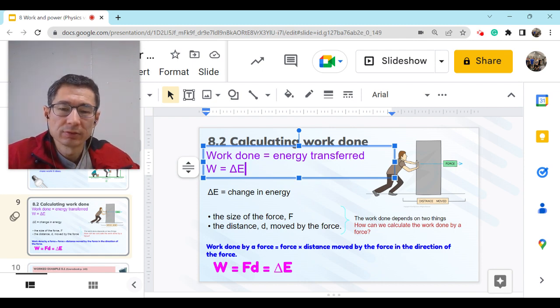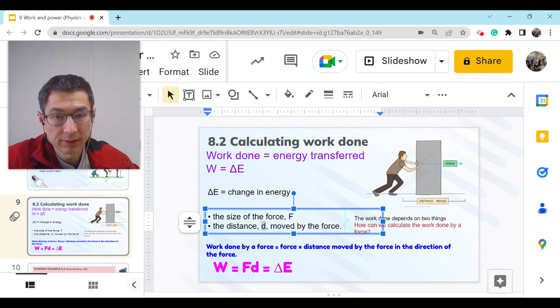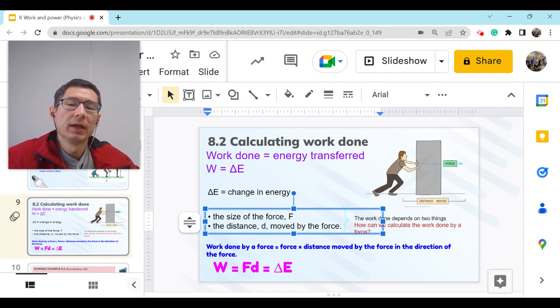As we talked about, it is affected by the size of force and the size of distance. If my force is higher, I get a higher change of energy as well as higher work done. I will do more work. And if the distance is higher, I will do more work.